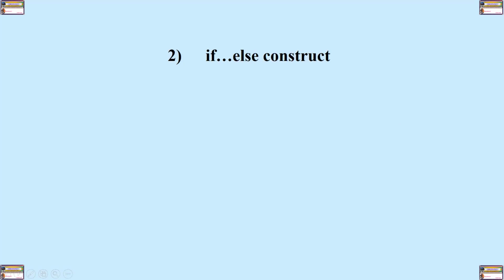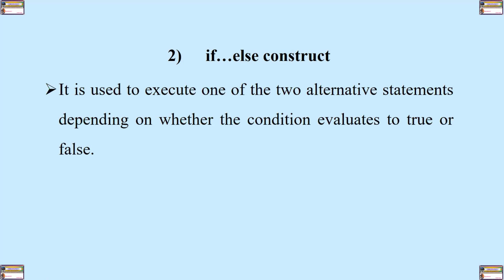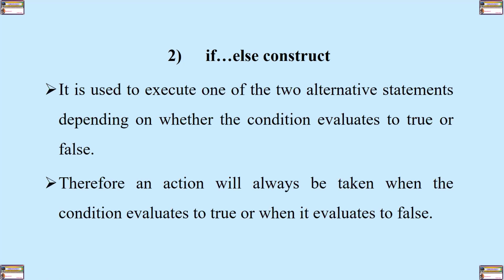So the next selective structure is the if-else construct. It is used to execute one of two alternative statements depending on whether the condition evaluates to true or false. So in this construct, there is always an action or a block that will be executed when the condition evaluates to true and when the condition evaluates to false.